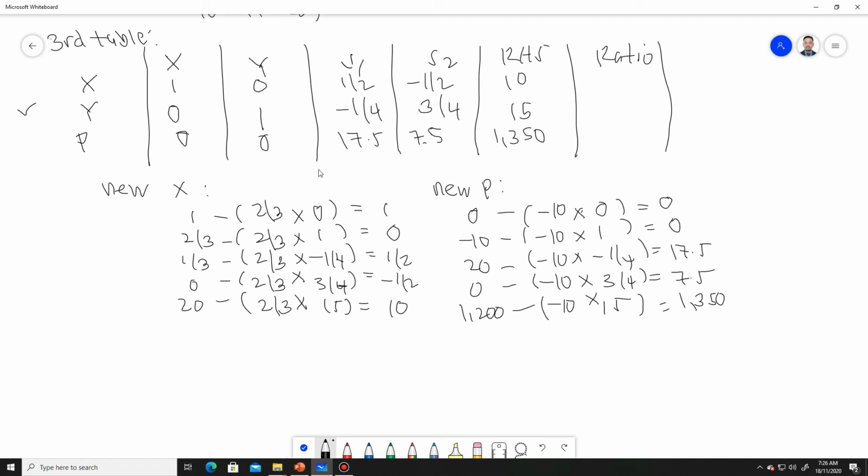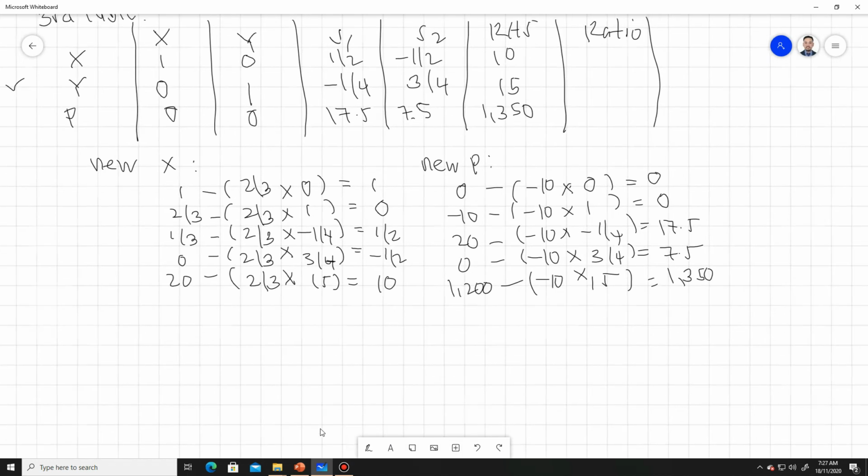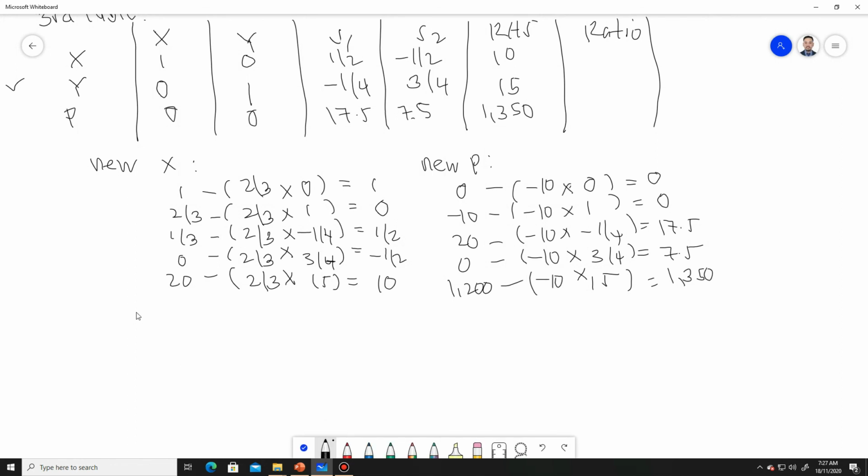So, ang gagawin natin, ililista natin yung mga values. So, for x, ang x is 10. So, we have x equals to 10. Sa ating y is equals to 15.